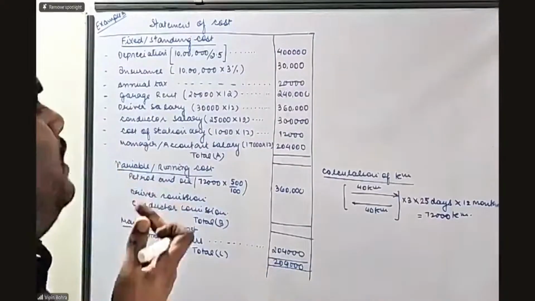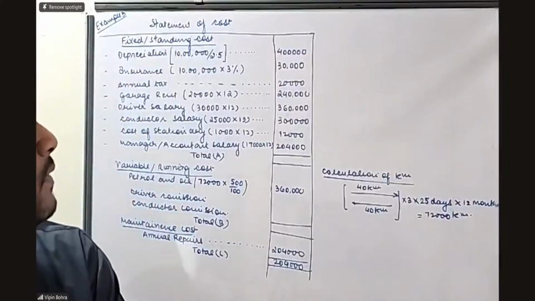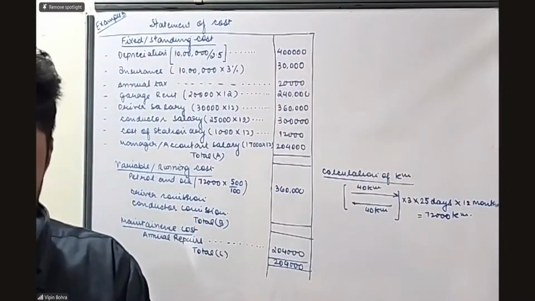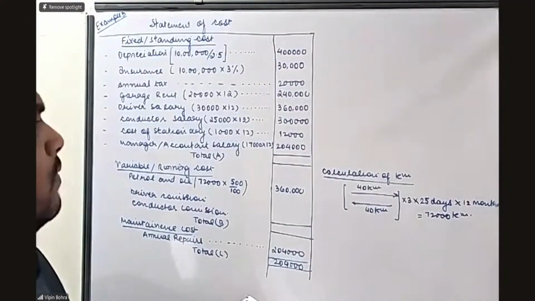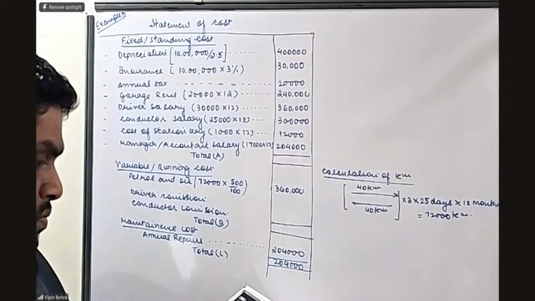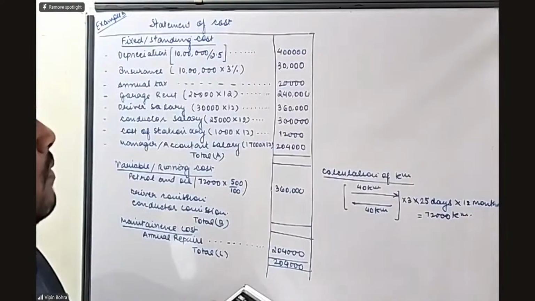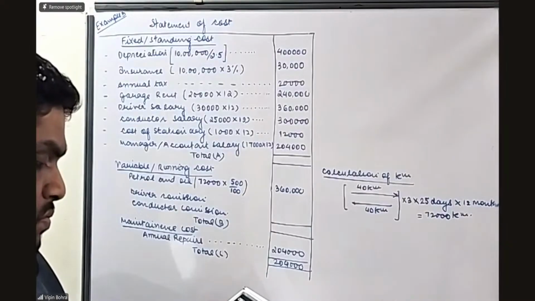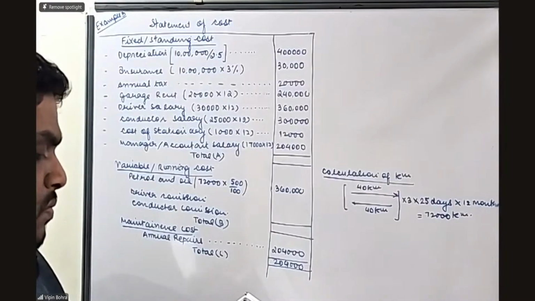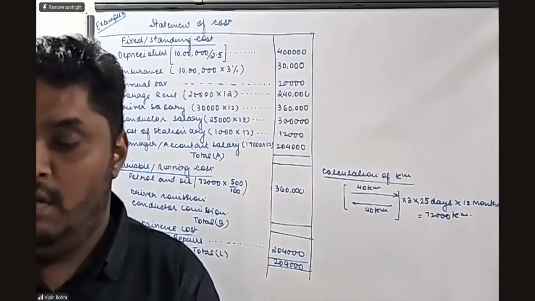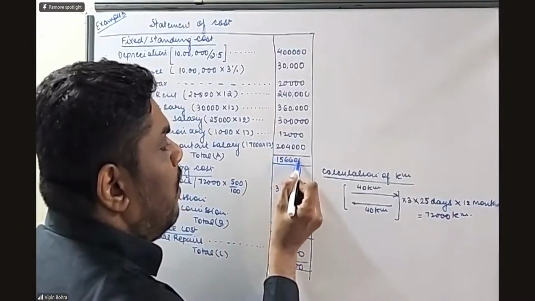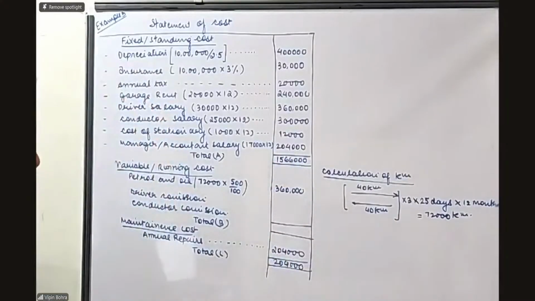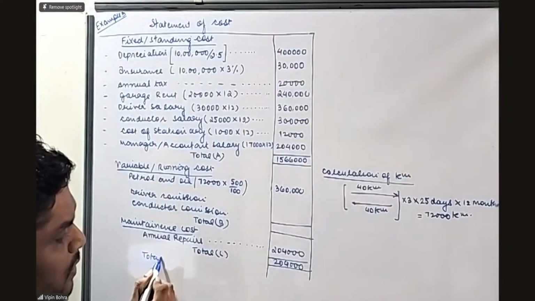So let's calculate the total of total A. So total A is 15,66,000. So total cost.